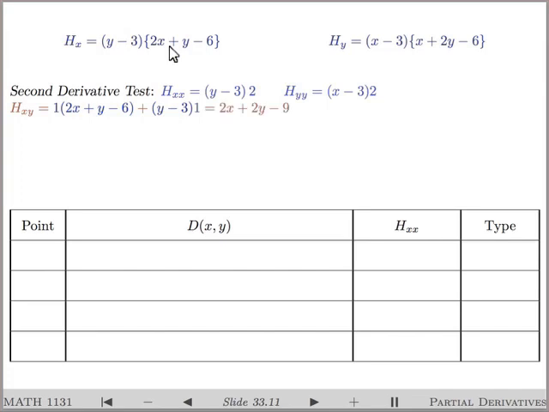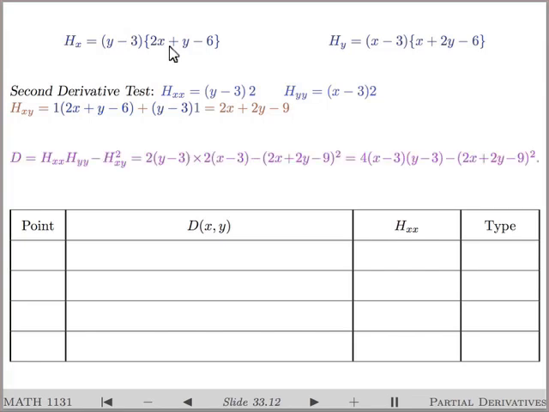And let me simplify this a little bit by combining like terms. I get 2x plus 2y minus 9. So the discriminant hxx hyy minus hxy squared is y minus 3 times 2 times x minus 3 times 2 minus the square of the quantity 2x plus 2y minus 9.